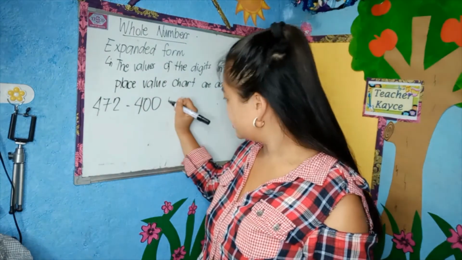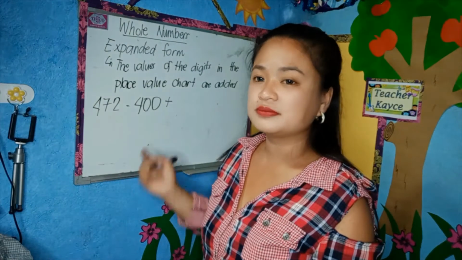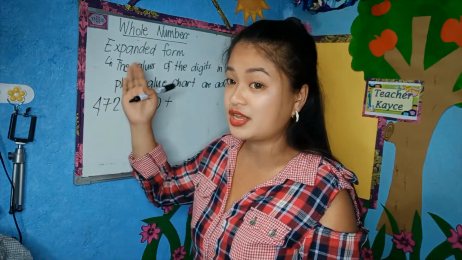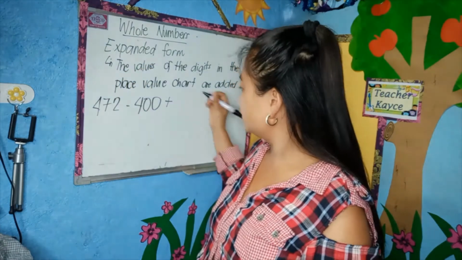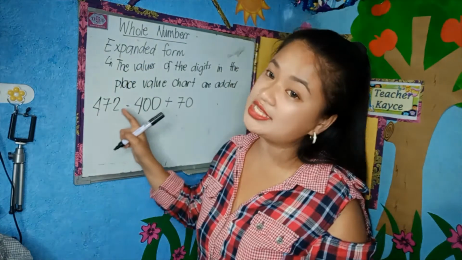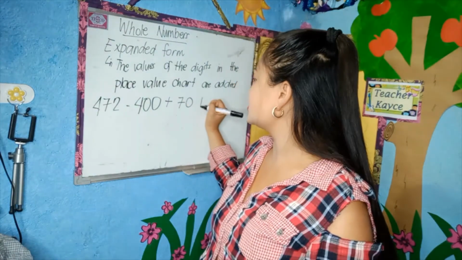We have here 4 serves as your hundreds and it's 400. Let's add. Add a plus sign. We have here 7 serves as your 70 in your place value. So 70. And the last digit is 2.